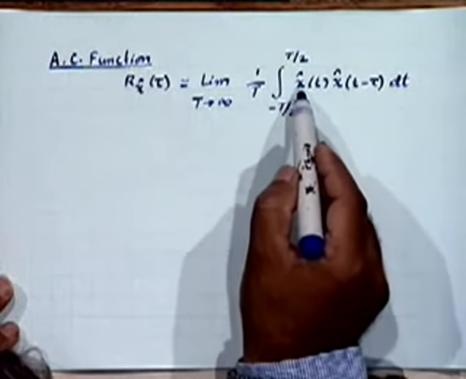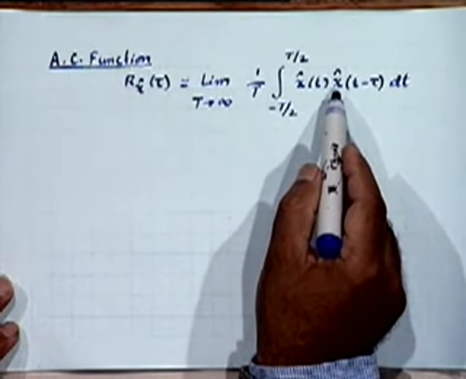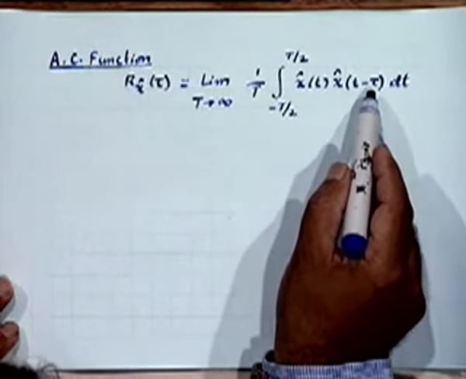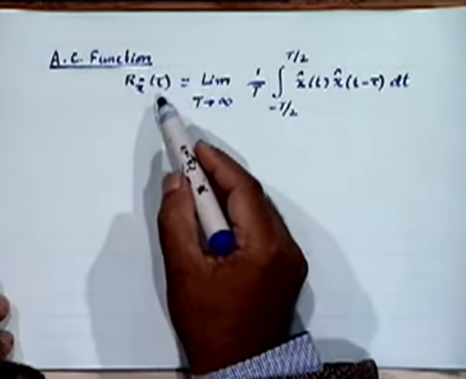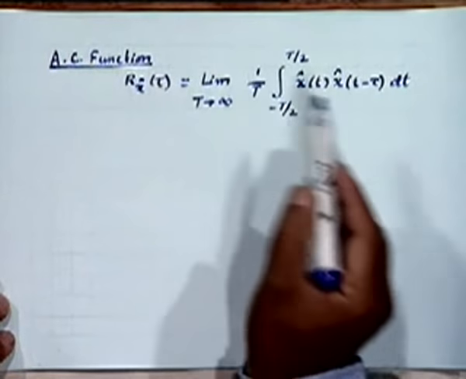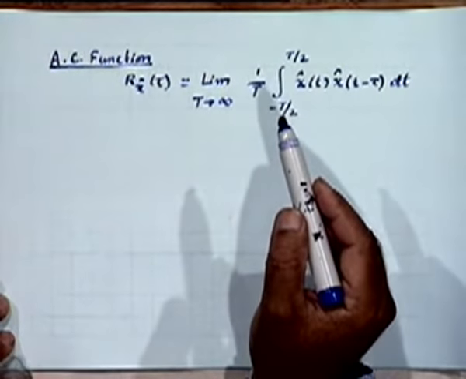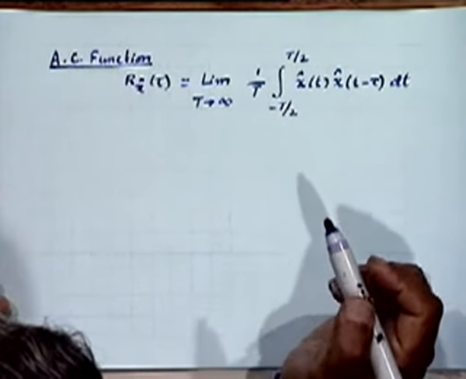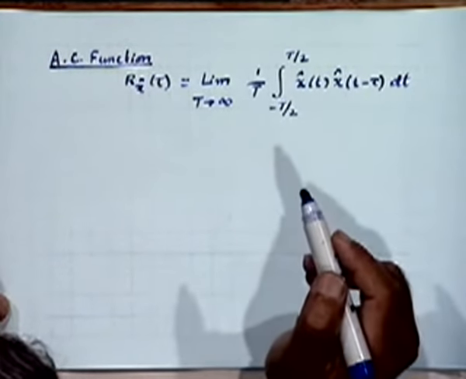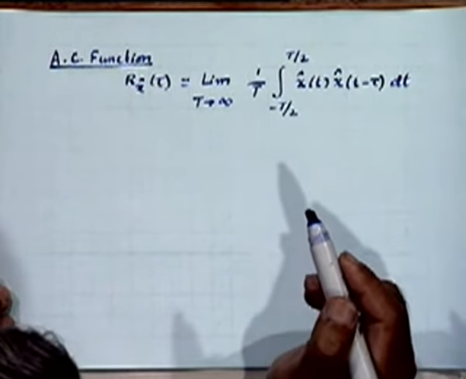You may also remember that the autocorrelation function is an even function of tau for real signals. That is, whether you delay it one way or the other, the value is the same for equal values of tau on both sides. Whether you delay it or advance it by tau, you will get the same average behavior of this product, this integral.